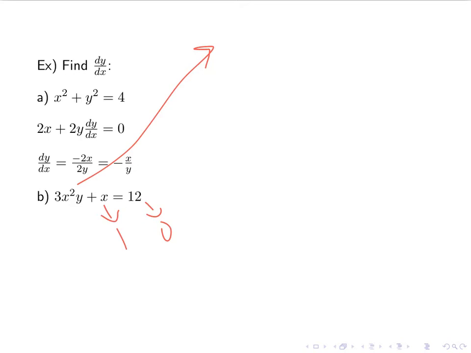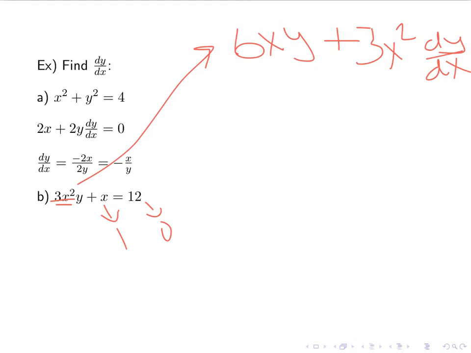So the derivative of my first part, 3x squared, is 6x. So that's my u prime times my v. Then I need to add to it v prime u. So u is my 3x squared. My v prime, my derivative of y, is dy dx. Okay, the derivative of y is dy dx.